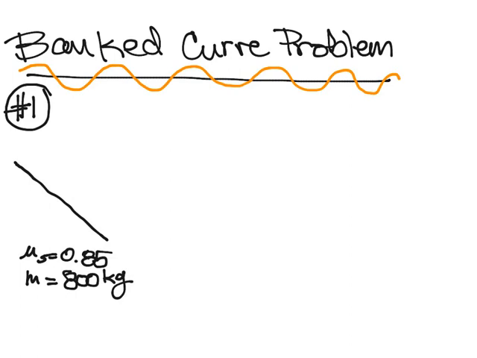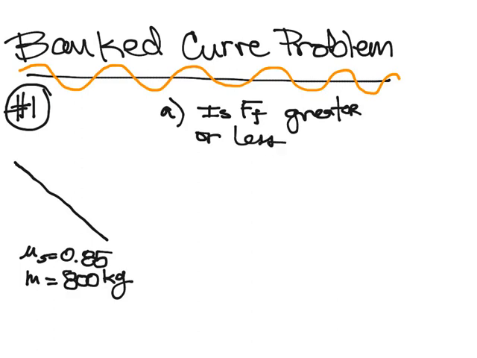In part A, we want to know, can a passenger car stop and remain motionless? To figure this out, we need to know, is Ff greater or less than mu s times Fn?